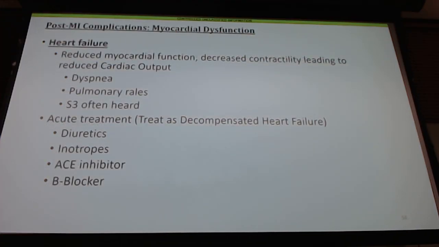Looking at the next post-MI complication, now the myocardial cells are dead, they're not functioning anymore, so now you're losing a strength of squeeze, so you're losing that contractility. If that loss of function is bad enough, it can then lead to heart failure because now you're not circulating that blood out like you should.